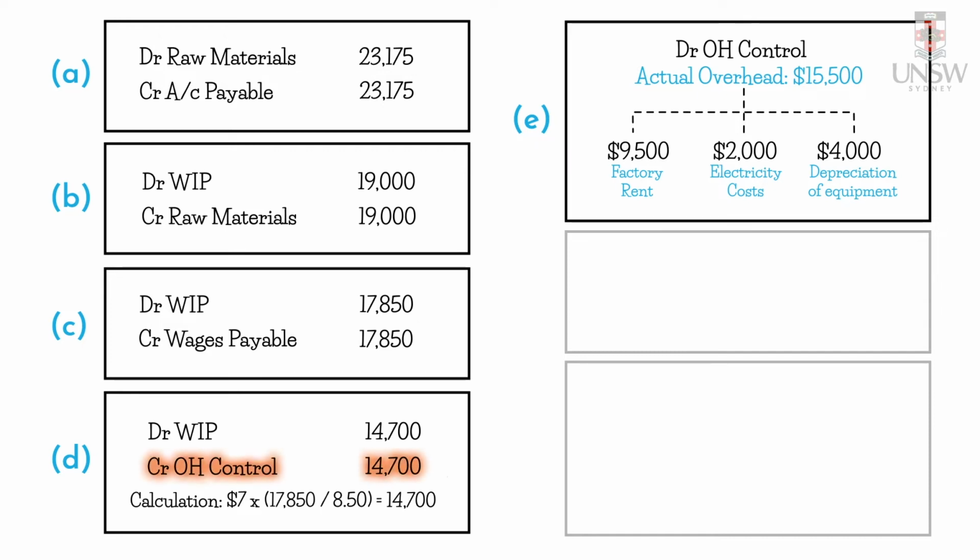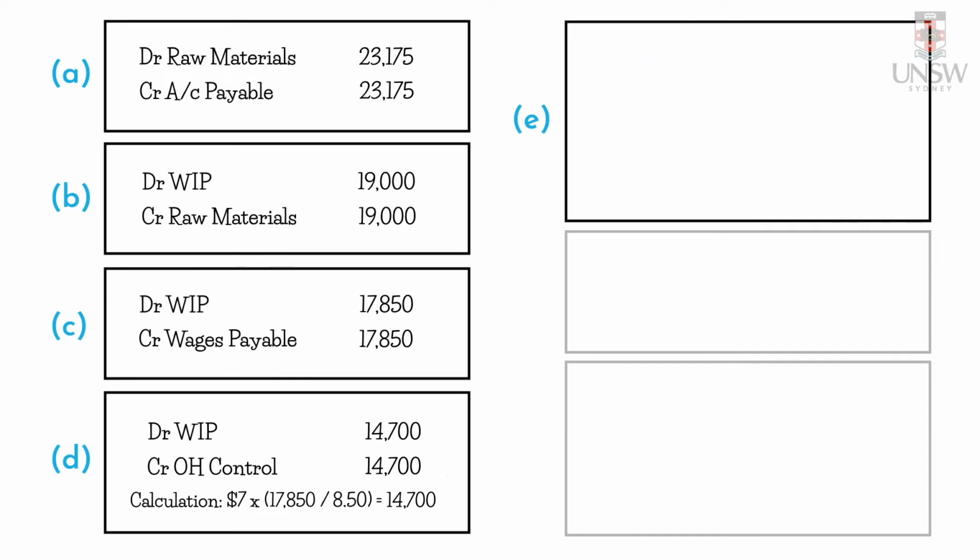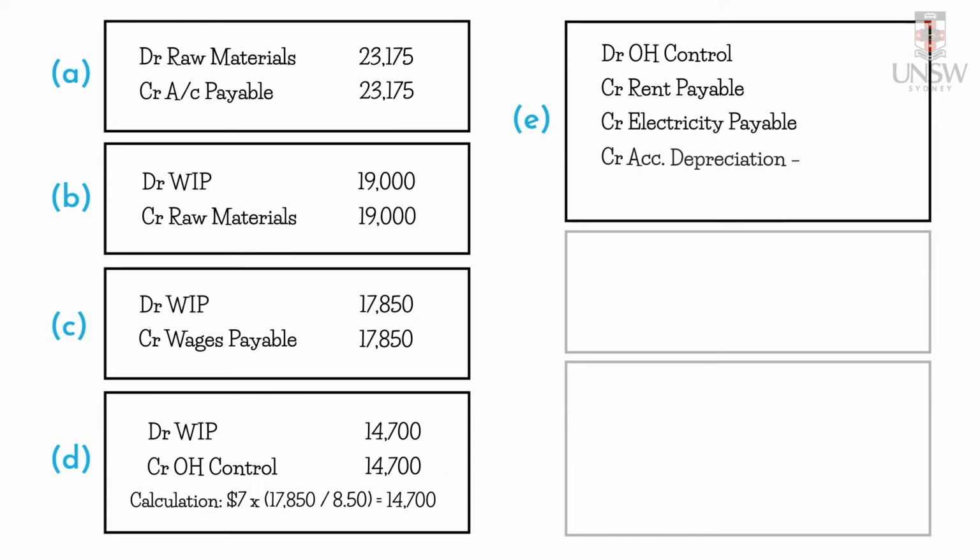The applied overheads we did in the previous step are recorded on the credit side of the overhead control account. In this step, we record all of those actual overheads on the debit side of the overhead control account. So we debit overhead control and we credit rent payable, we credit electricity payable, and we credit accumulated depreciation, factory equipment.